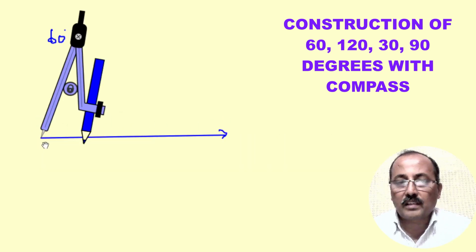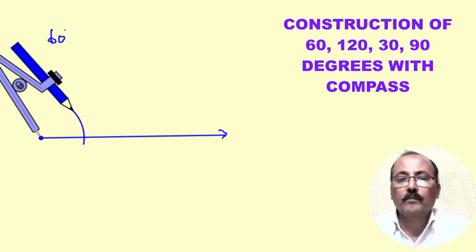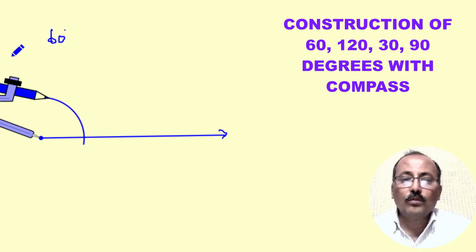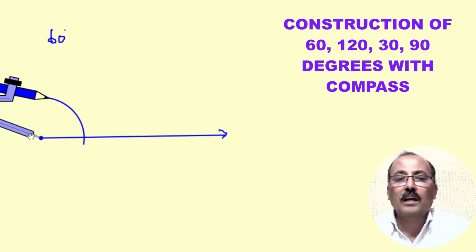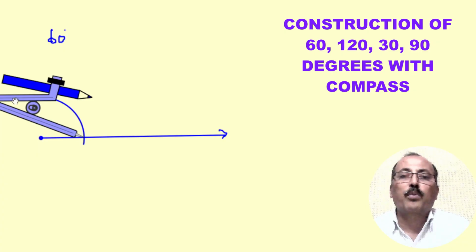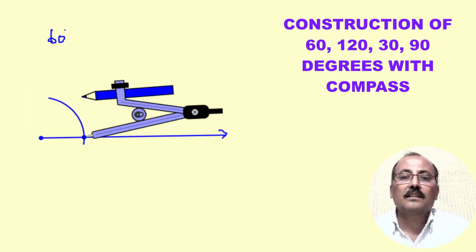Keep the compass at this point and draw from one point to this one. Okay, you draw. Now with the same measurement you have taken for the arc, you keep this edge in this point and draw the arc.